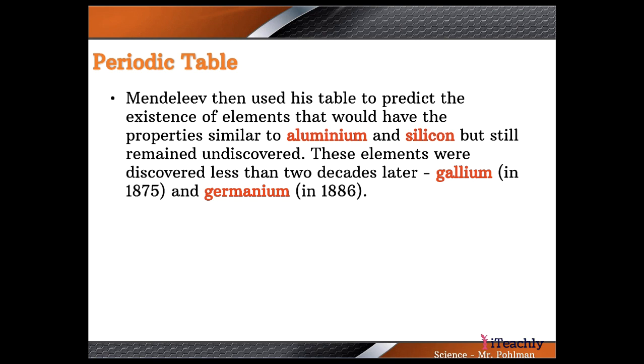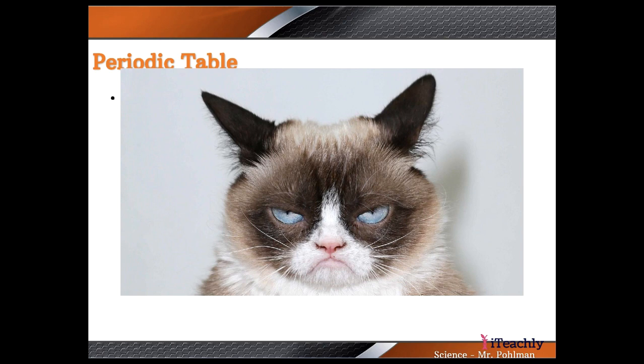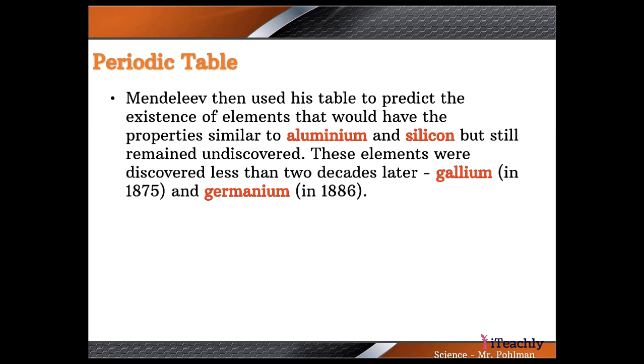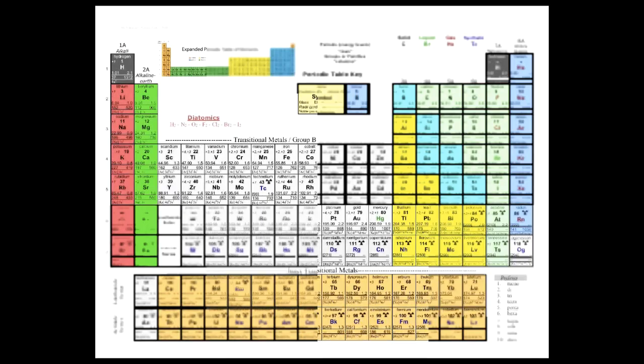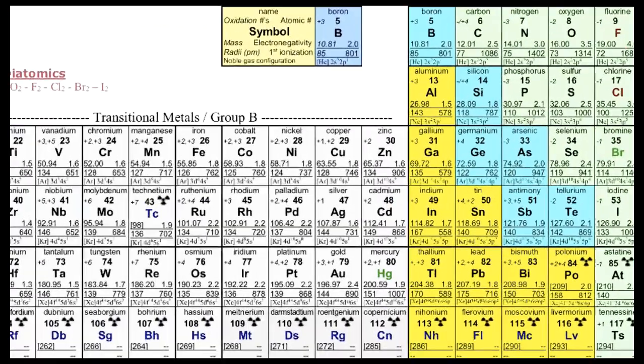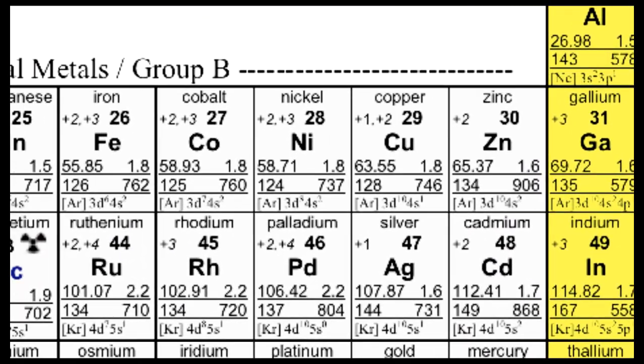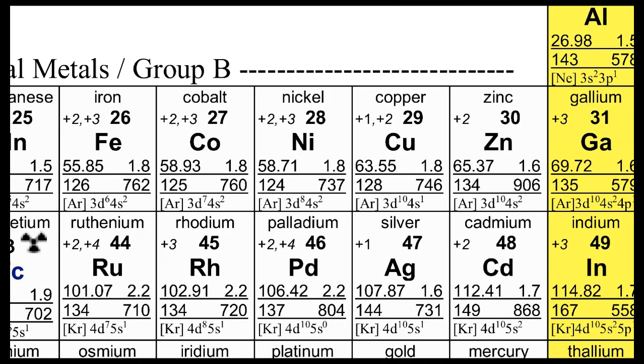Now, this periodic table that Mendeleev came up with wasn't free of errors. When we're talking about arranging his periodic table based on increasing atomic weight, one of the big problems that came up was that there are discrepancies when we are looking at increasing atomic weight.